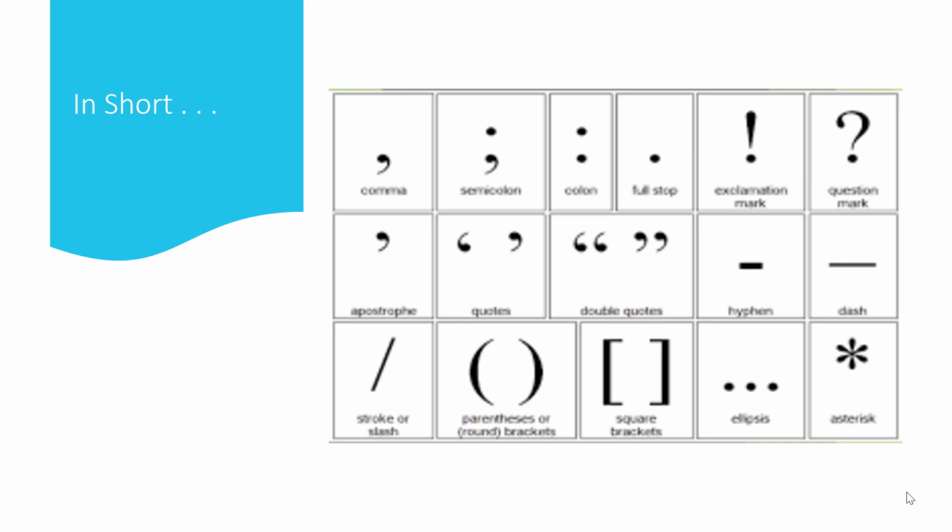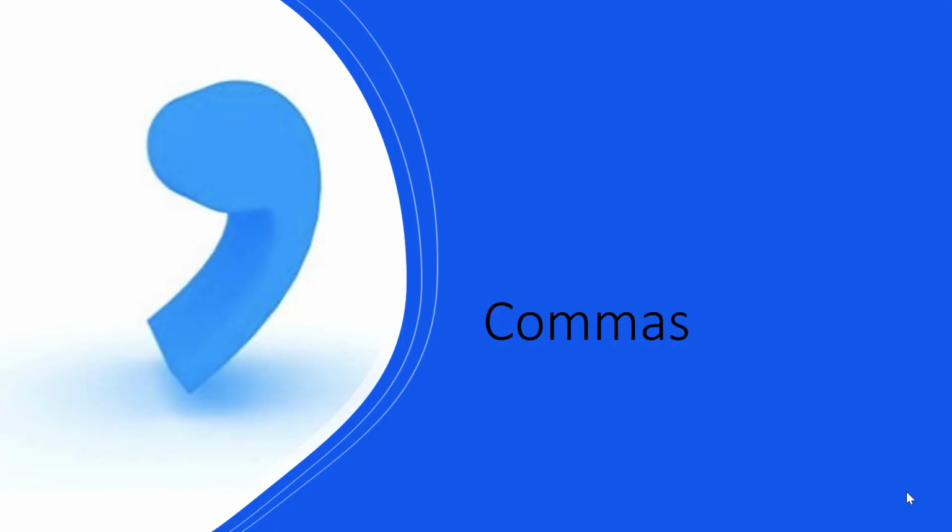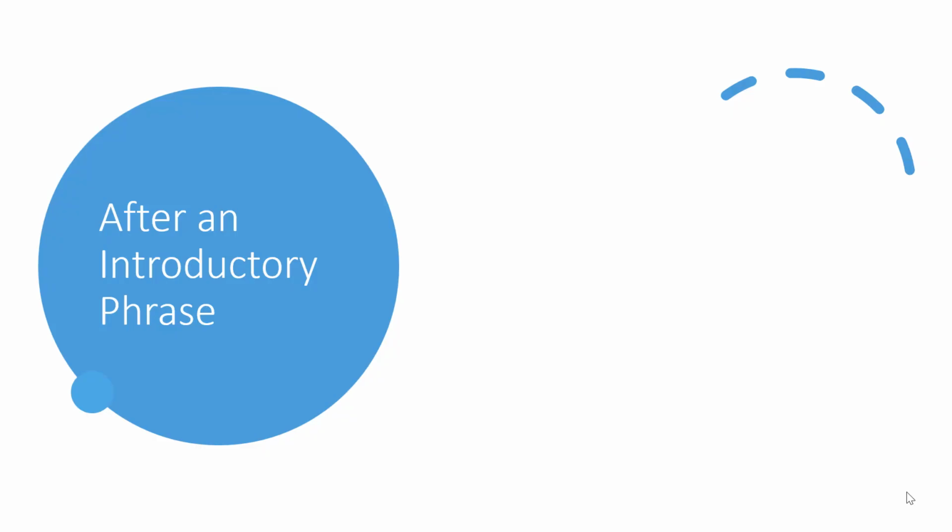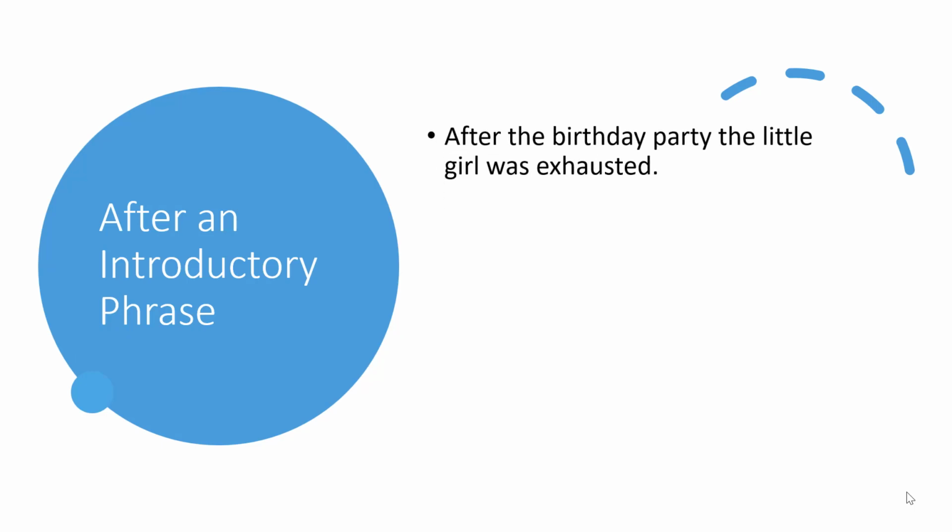So let's get started. When you are working with commas, there are many specific uses. One specific use is after an introductory phrase. When we talk about an introductory phrase, we are talking about a phrase that will set the tone or give some additional detail. However, it does not necessarily contribute to the structure of the sentence.